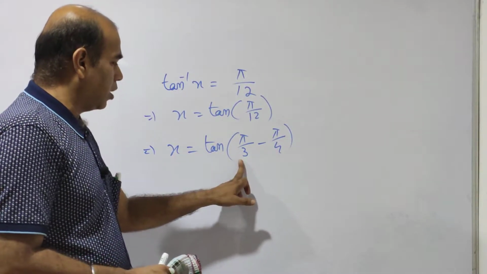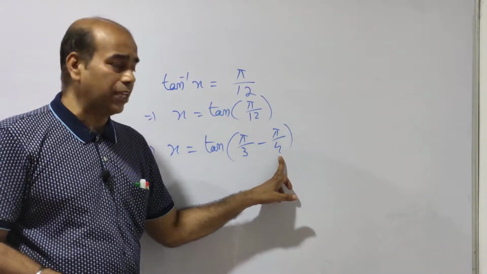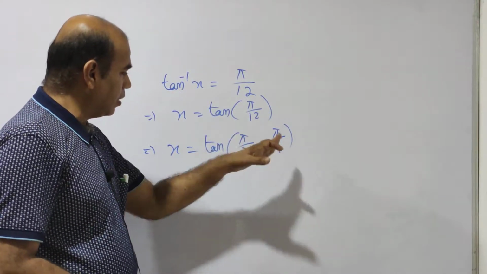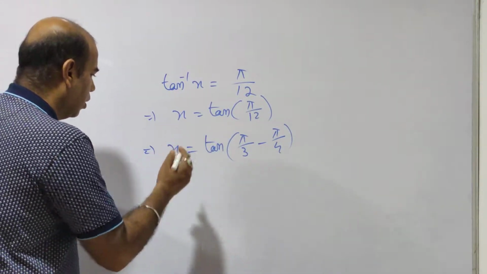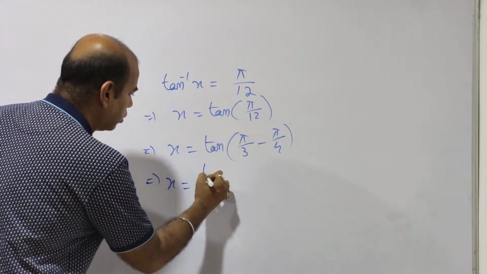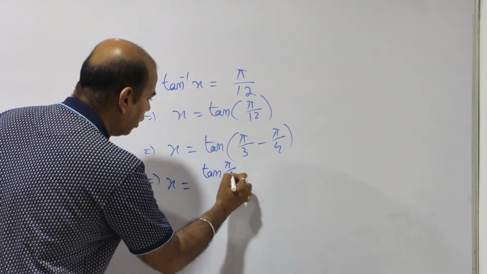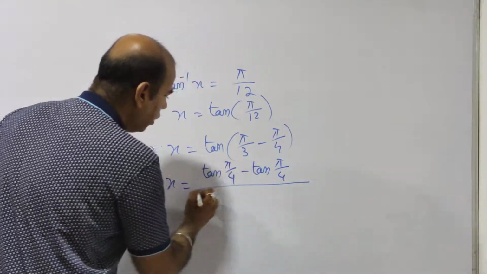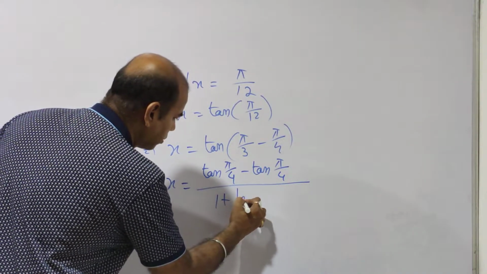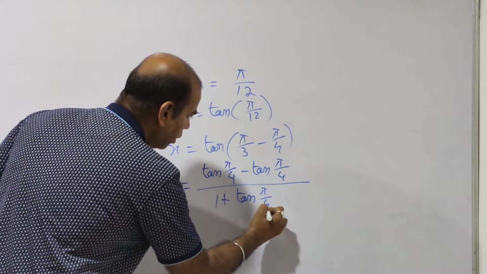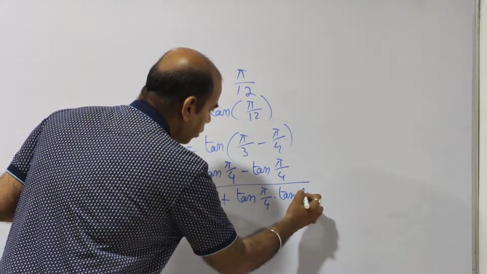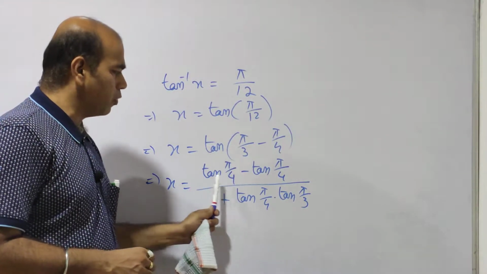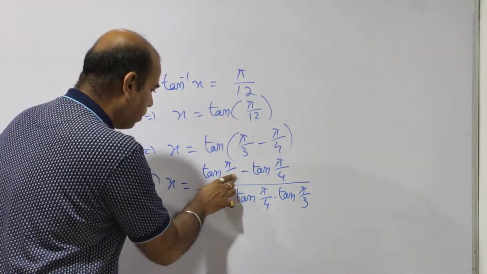Actually 60 minus 45 is 15 degrees, pi by 12. If I take the LCM, I will get pi by 12. So x equals tan A minus tan B by 1 plus tan A into tan B. Now tan pi by 4 is 1. No, this is tan pi by 3.